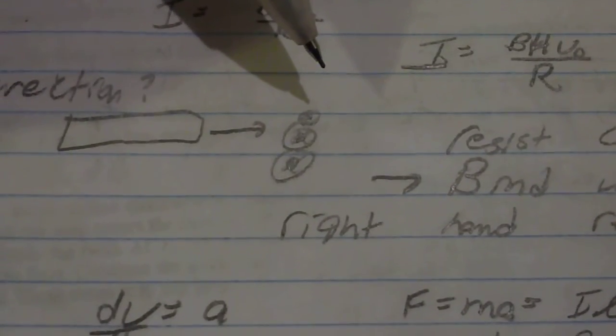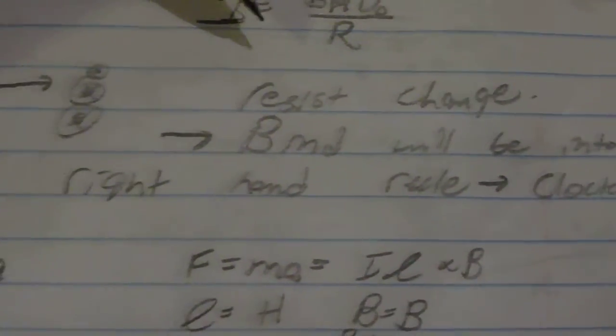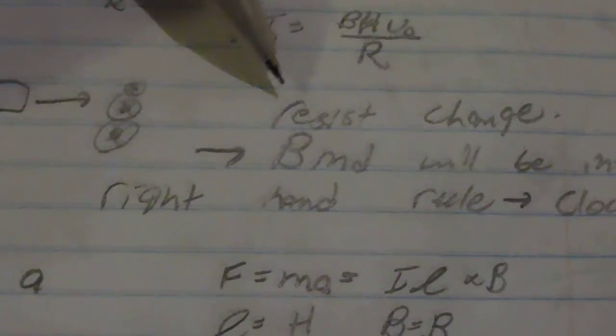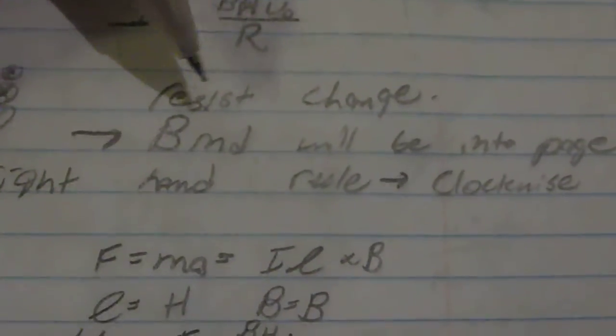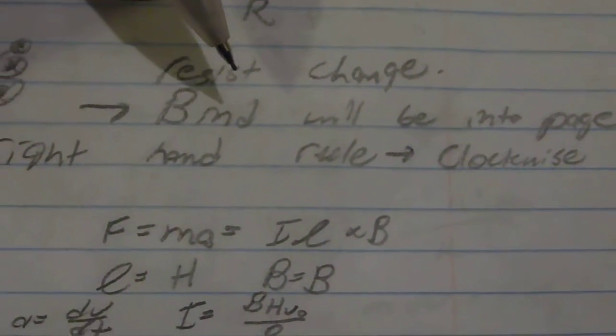In part C, we're asked, what is the direction of the current induced as it's moving in? I apologize for that. Well, we know by Lenz's law that the magnetic field that is induced will want to resist the change of the current magnetic field.